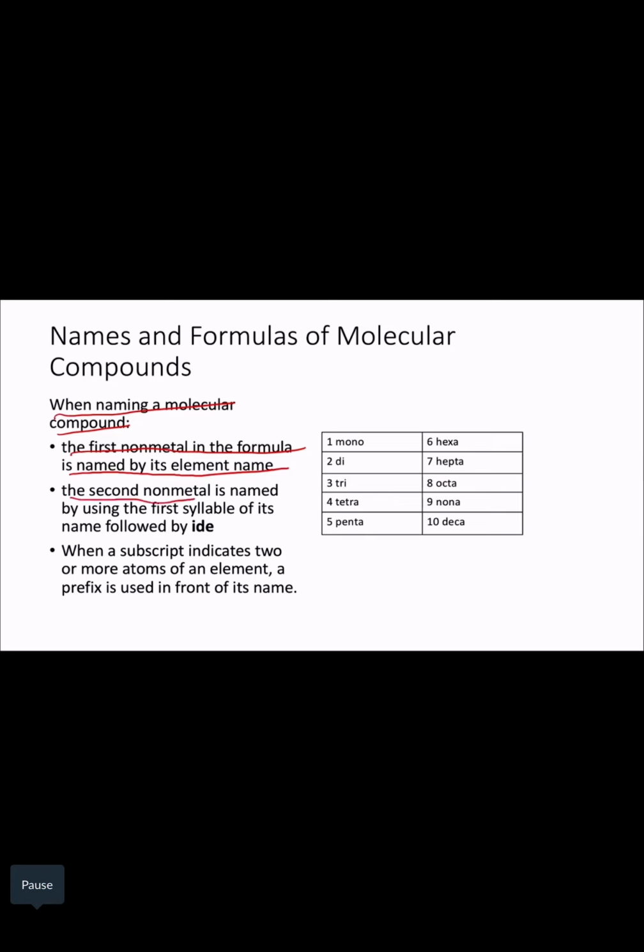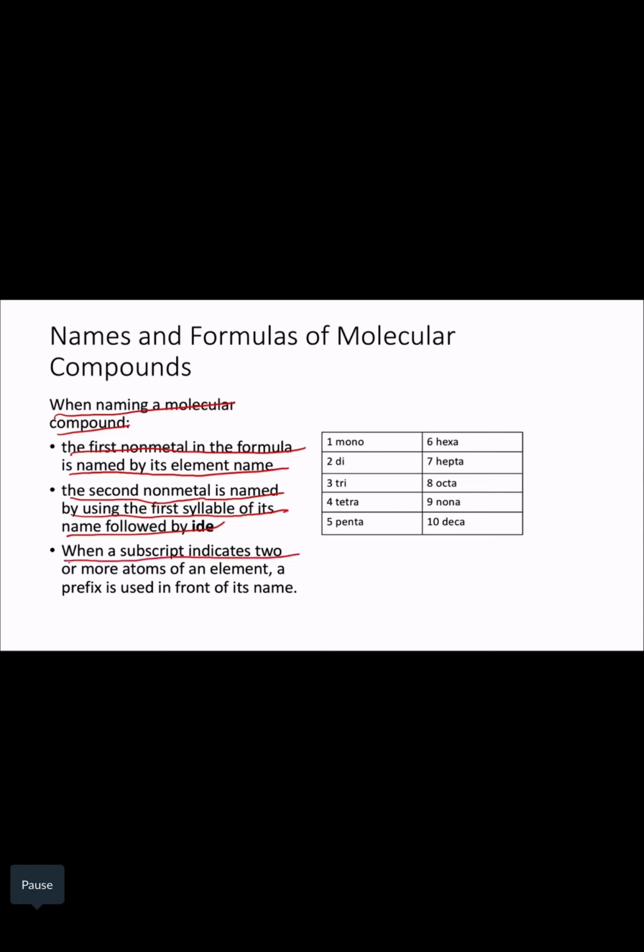The second nonmetal is named by using the first syllable of its name followed by the ide. Remember when we talked about oxygen to oxide, nitrogen to nitride, all those different ones, or fluorine to fluoride, bromine to bromide. Now we have to be careful. There's one more thing we have to be careful about for this one.